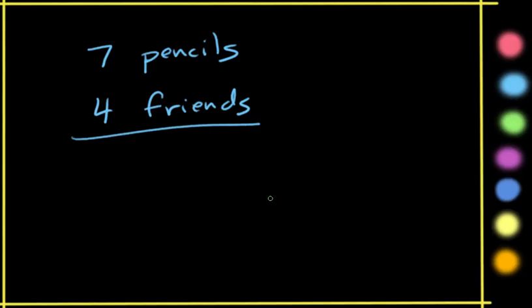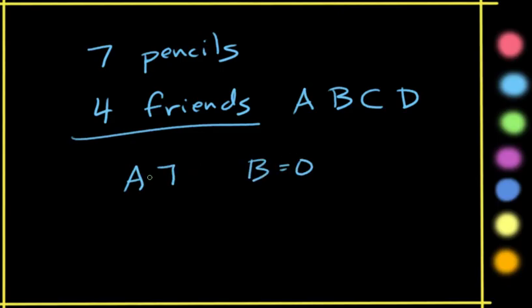My 4 friends might be Albert, Bill, Carl, and David. So, for example, I could give Albert all 7, and then Bill, Carl, and David would get nothing. That's one option. There are a lot of possibilities here.